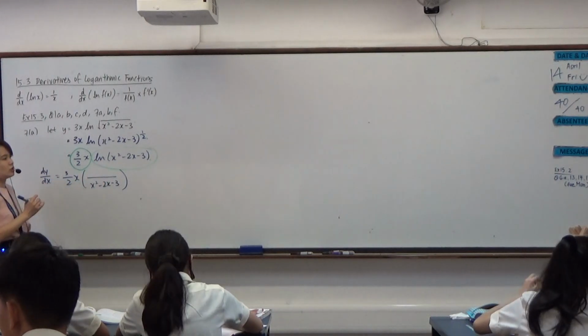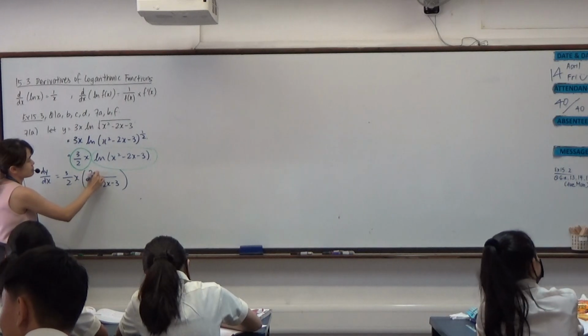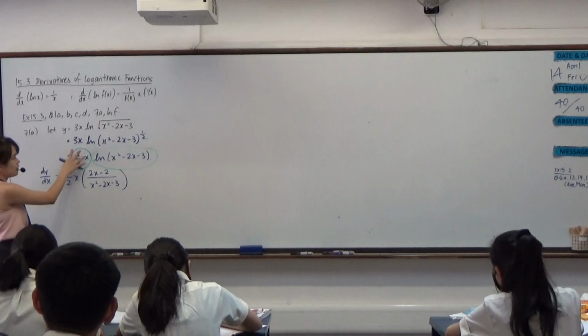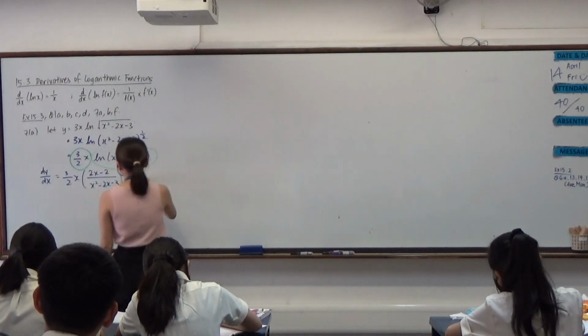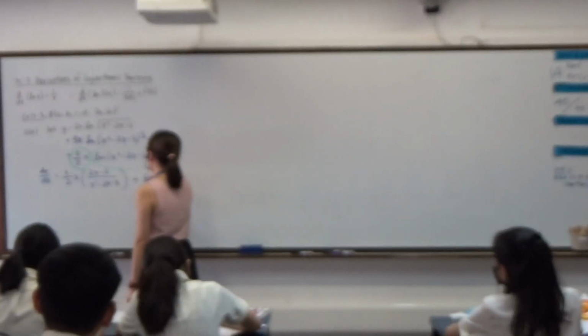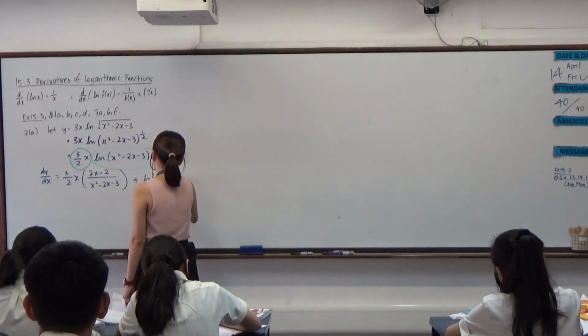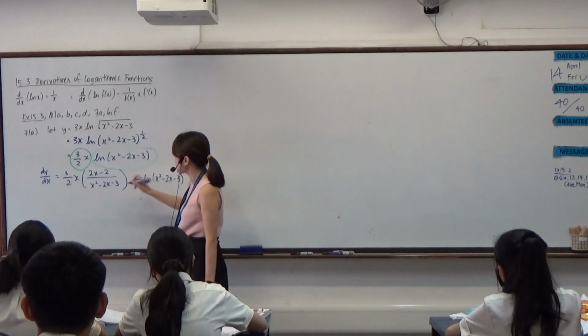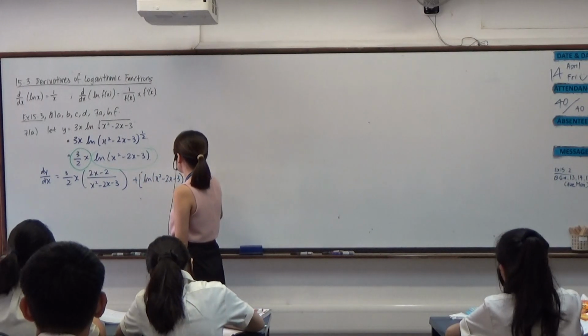We can just leave it on the numerator, that will be 2x minus 2. So that is for the left side. Now to the right side, we add, keeping the right side, followed by differentiation of 3 over 2x, and that will be just 3 over 2.